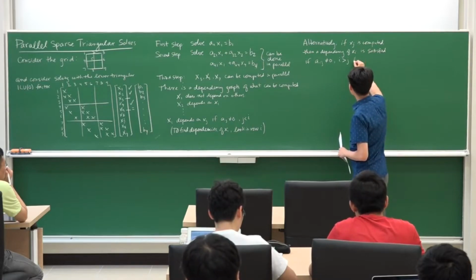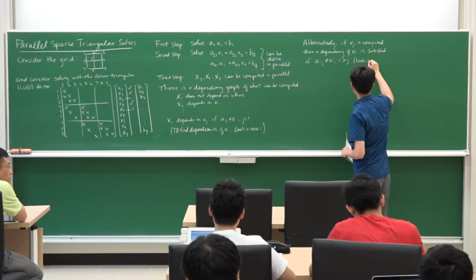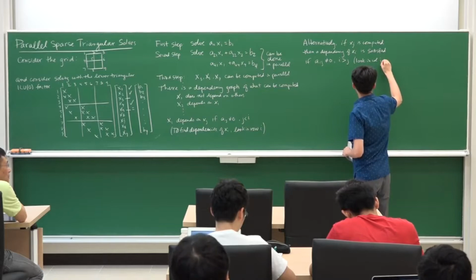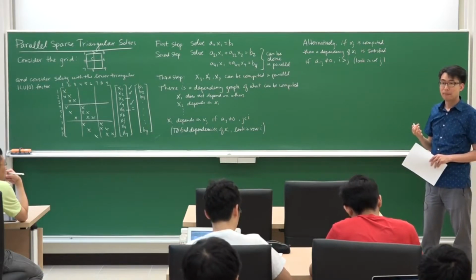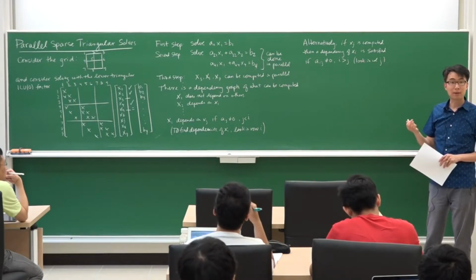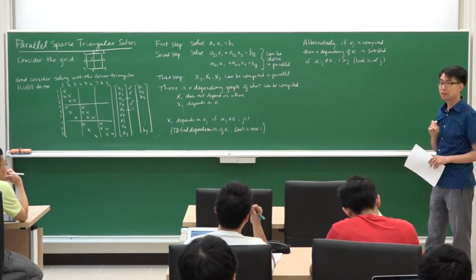And to find these, you look in column j. In other words, we've just computed xj, and we want to check maybe now some other ones can be computed.